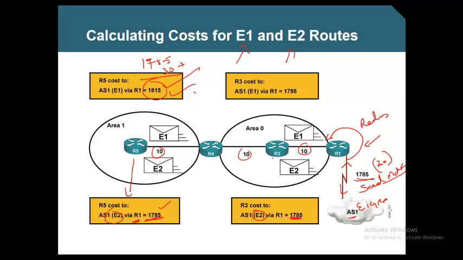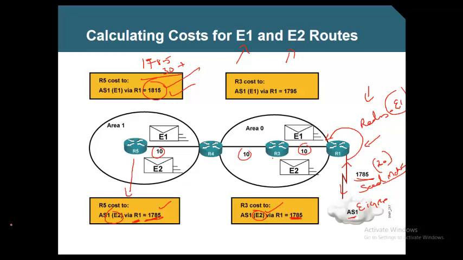See? If you wish to calculate the path cost while redistributing, you should say E1 type. There's a command called metric-type E1. When you don't mention metric-type E1 during the redistribution time, it's going to be E2. Path cost will remain the same everywhere.